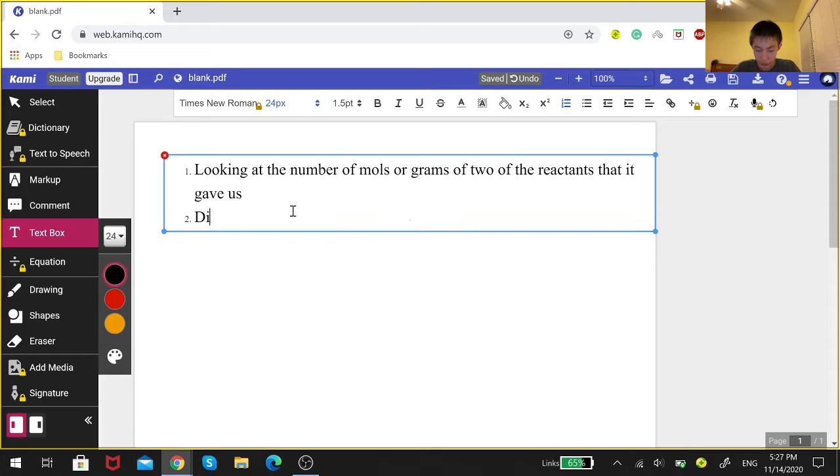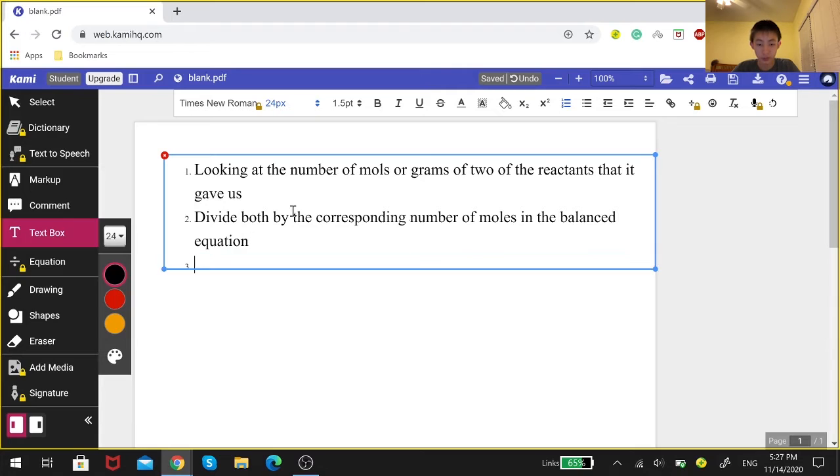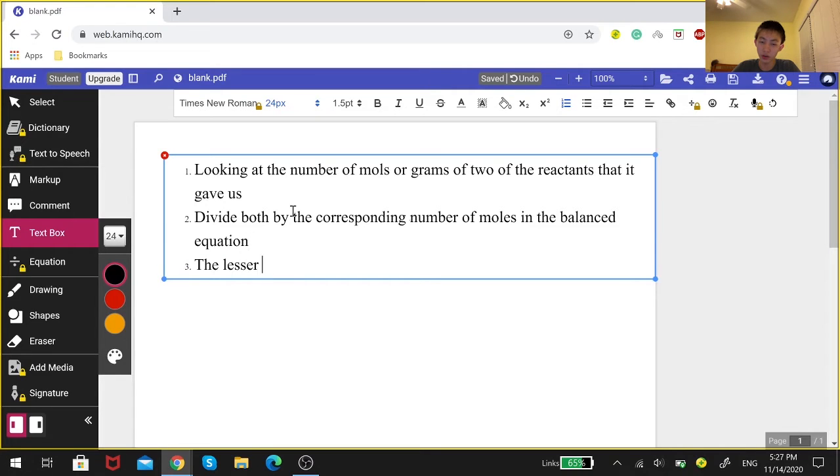Number 2, divide both by the corresponding number of moles in the balanced equation. The smaller number will be your limiting reactant.